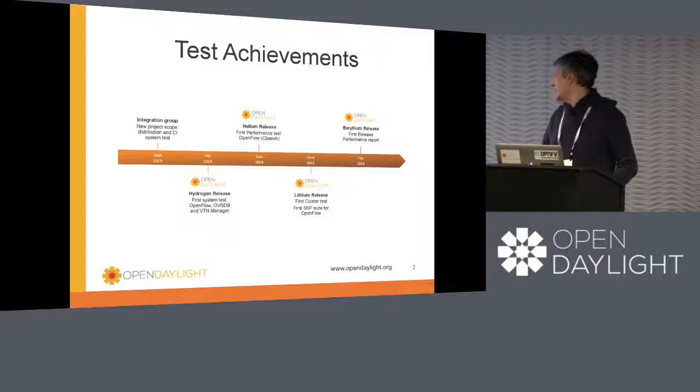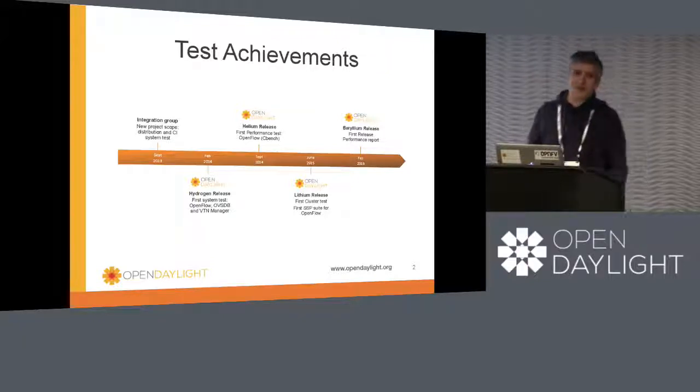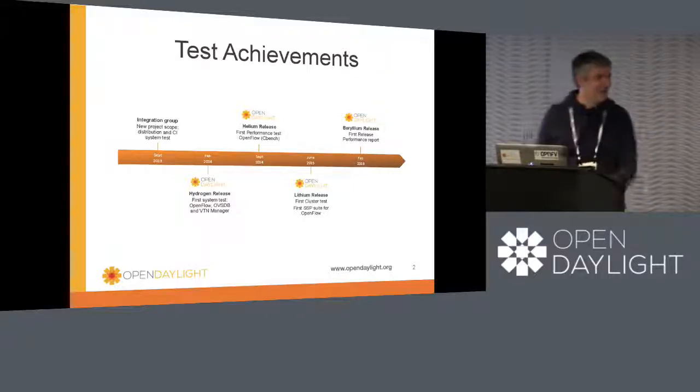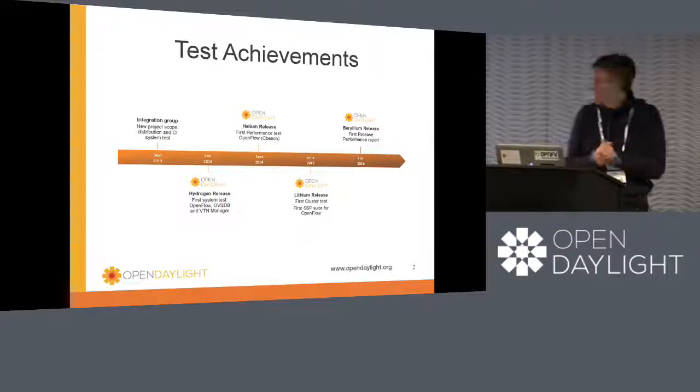The Lithium release was the release where we got a lot more tests, what we called SSP. SSP in OpenDaylight was a term that we introduced at that time, and you know very well what it means. S3P is scalability, stability, security, and performance. Yes. So the Lithium release was the first release where we introduced this SSP kind of test.